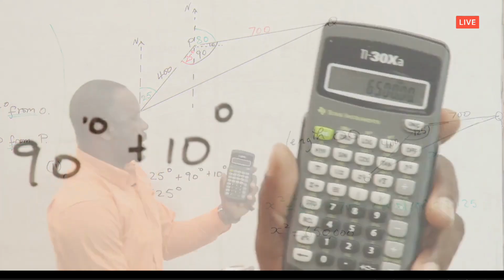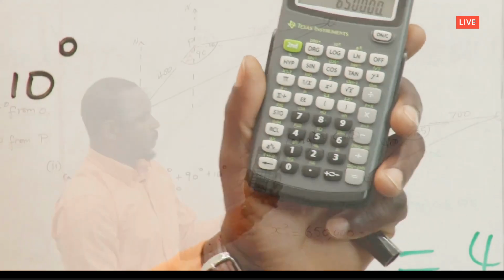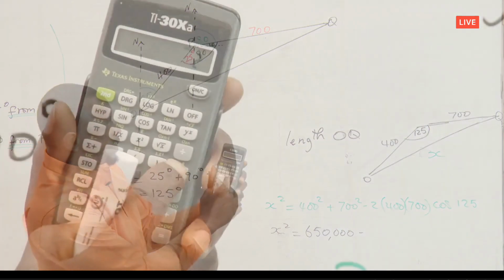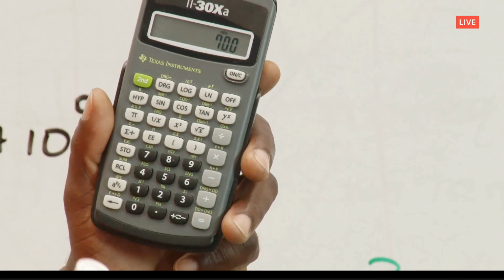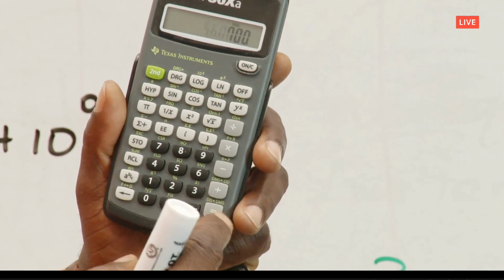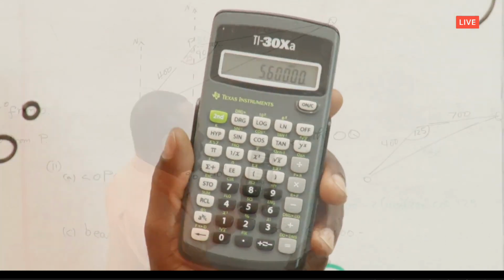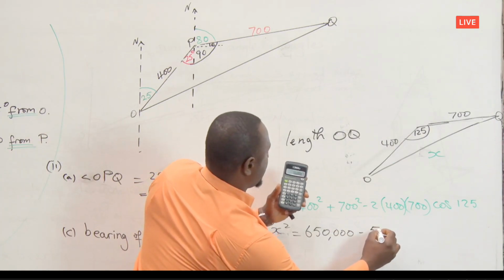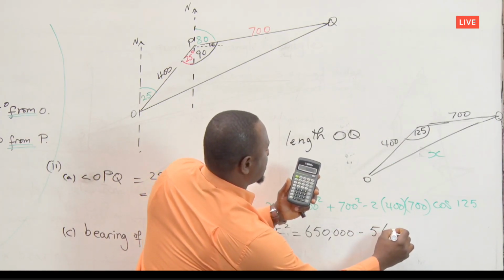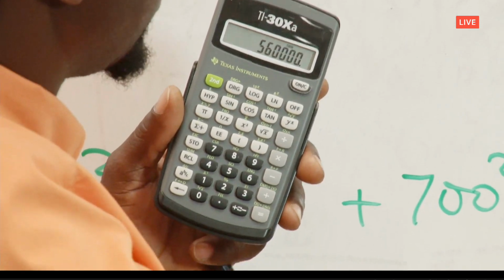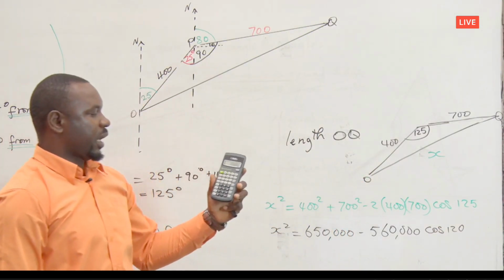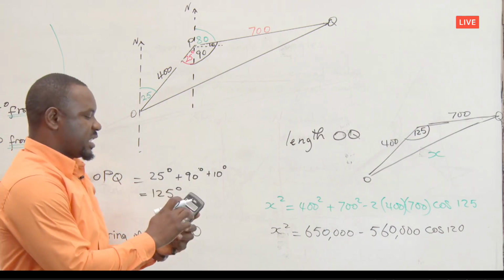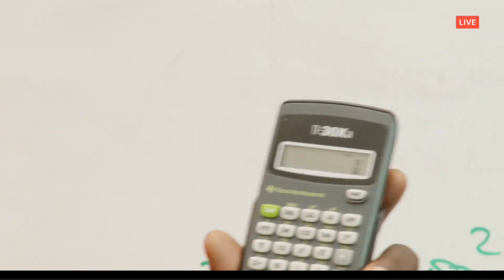Good? Then I'm going to subtract 2 times 400 times 700. Remember these are multiplying. So that gives me 560,000 cosine 125.